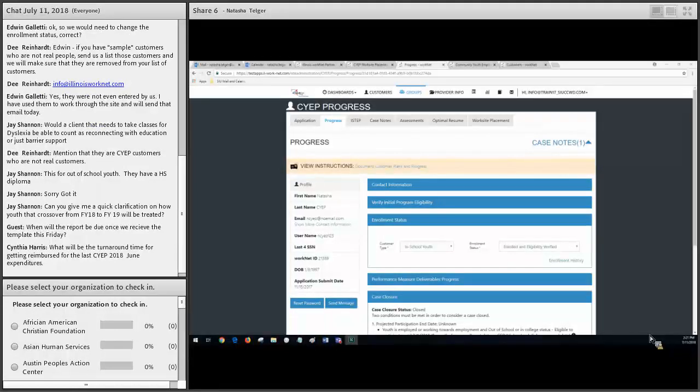So you might count them as an enrollment in FY18 because they actually were enrolled in FY18. However, when we ask how many youth did you actually help to find jobs or to place in jobs, if they don't get a job until FY19, then they're not going to count on your FY18 reports. They would count in FY19 in terms of those goals, okay? So it's going to depend on the individual performance measure. You'll continue to serve them, but how they count will be dependent on the individual performance measure.